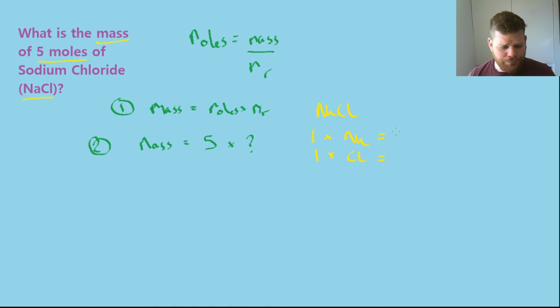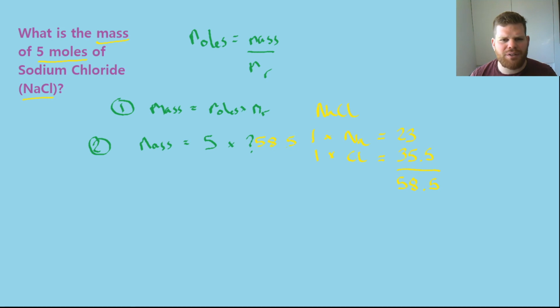Sodium has a mass of 23, and chlorine has a mass of 35.5. So that means that the MR of sodium chloride is 58.5.